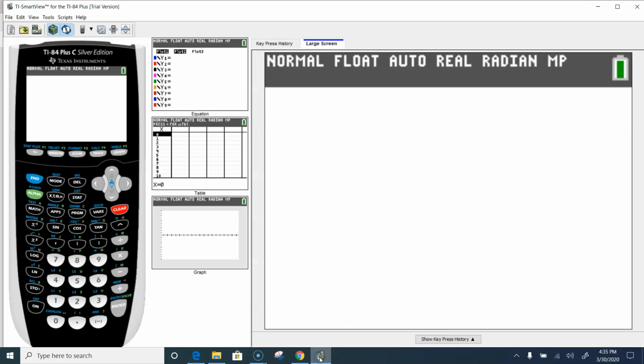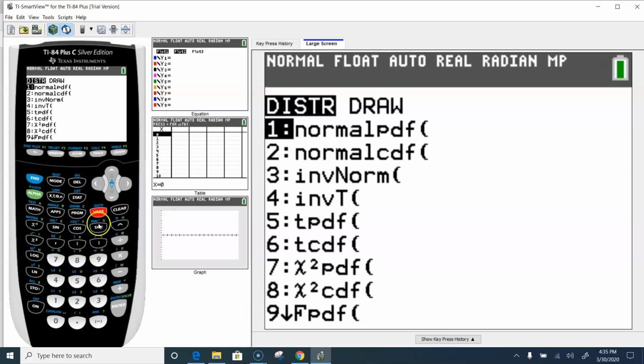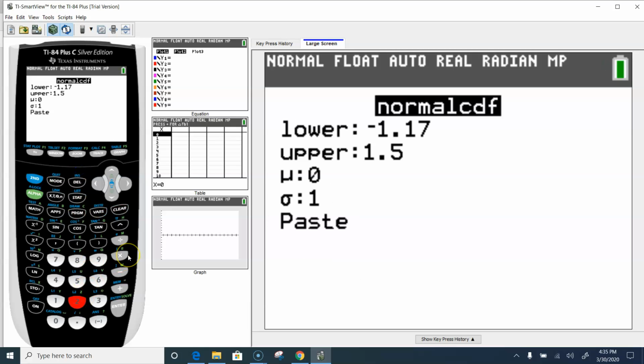So let's hash that out on the calculator. We have second vars for our normal CDF, always CDF, right? For binomial, it could be PDF or CDF. So our lower limit was 0.5. Our upper limit just needs to be pretty high at 1. The mean of those sample proportions, they told us, lives at 0.47.